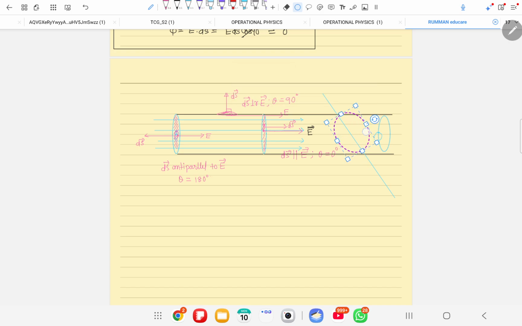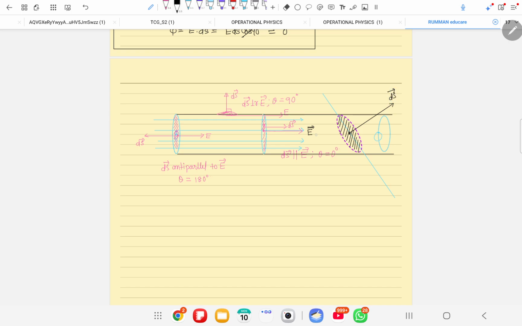So I want to draw the area vector. In this case, this is the area, and this area is perpendicular to this way. Now suppose this is a ds vector.